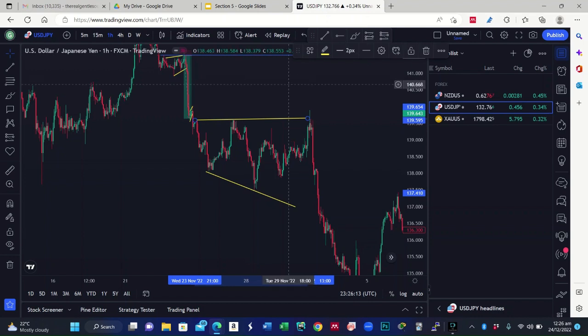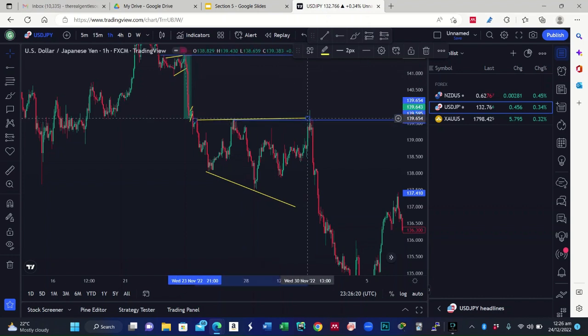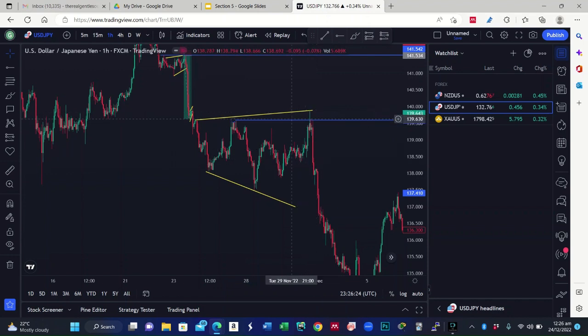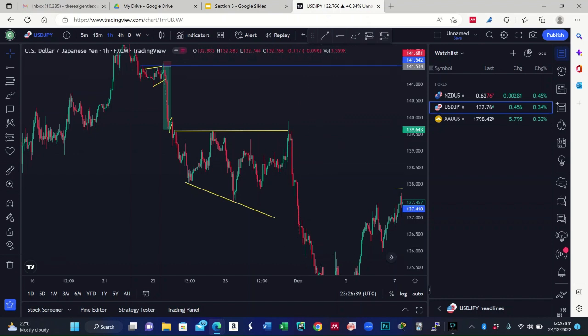Yes, this is like a mini double top inside here. So this is like a mini double top, and you can also put the trend line to make it a 1 2 3 touch structure. So after the third touch, you will look for a reversal candle.